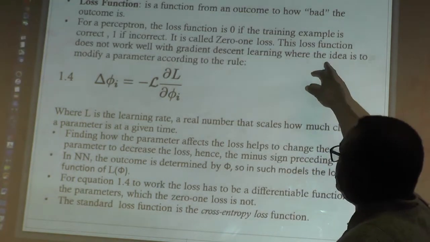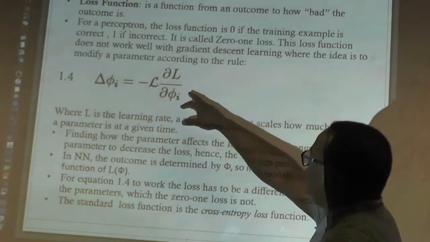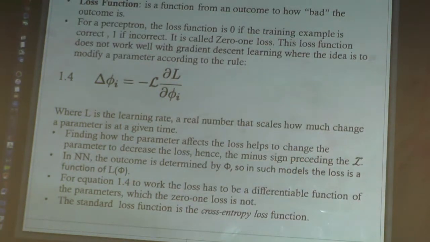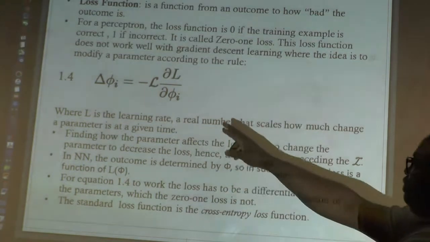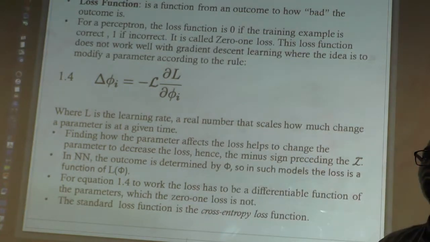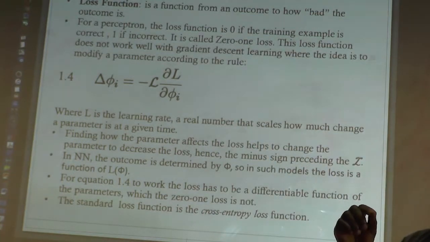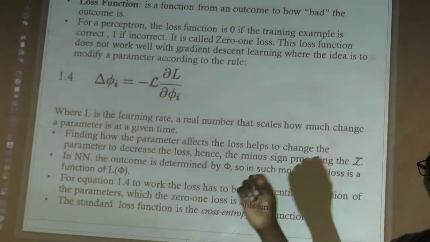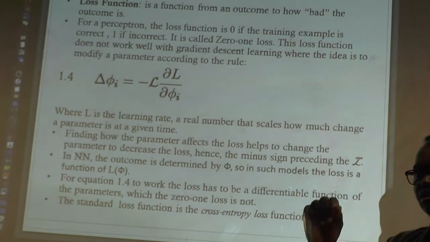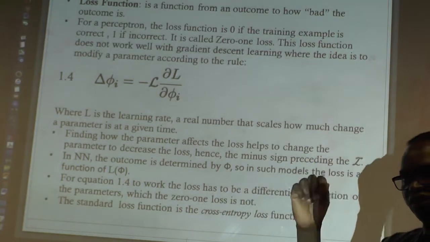And then in gradient descent, you have a learning parameter which is normally defined according to this rule. And if this rule is going to be useful, it cannot just be interpreted as a 0-1 result. It has to be something that is differentiable.